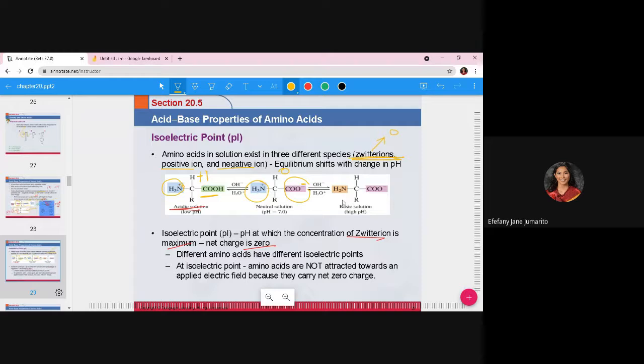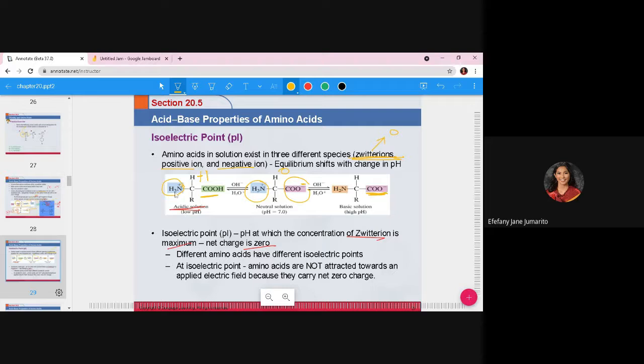Under basic solution, your carboxylic group loses a proton, while the amino group is no longer protonated. Here only the COOH has reacted.